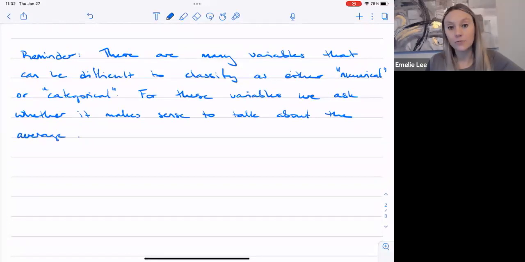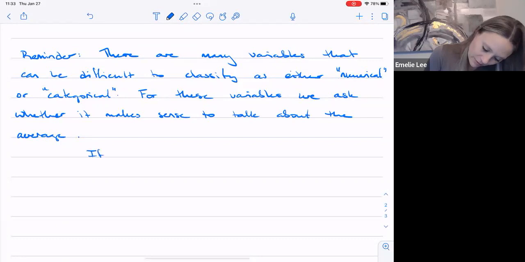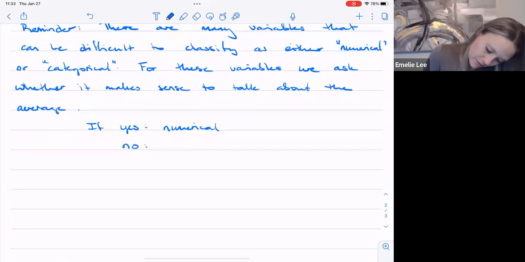If it does, then you would say, okay, because of that, I'm going to call this a numerical variable. And if it doesn't, then you would say, okay, then it's categorical. So if yes, you would argue it's numerical, and if no, then you would argue it's categorical.